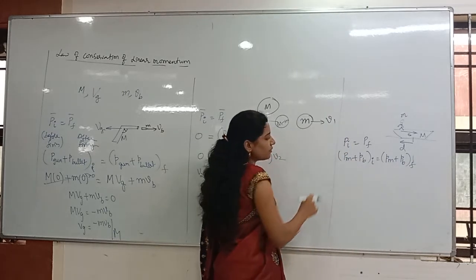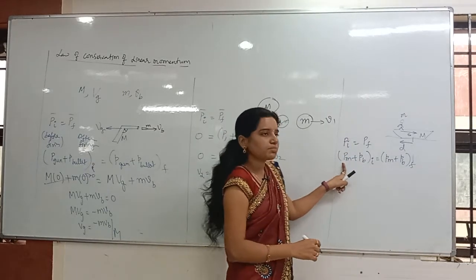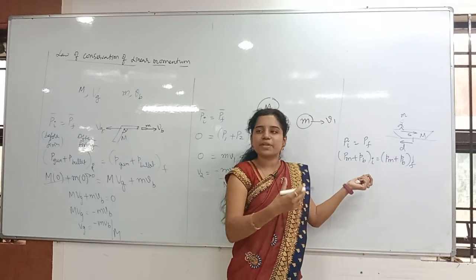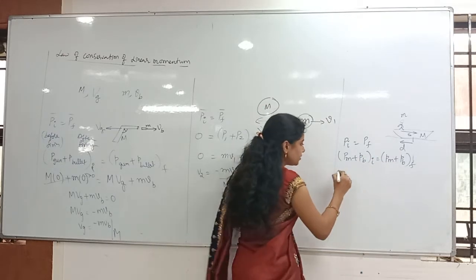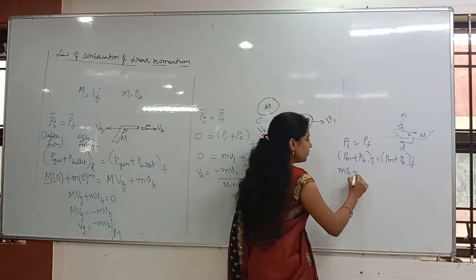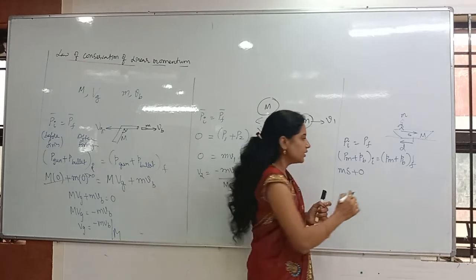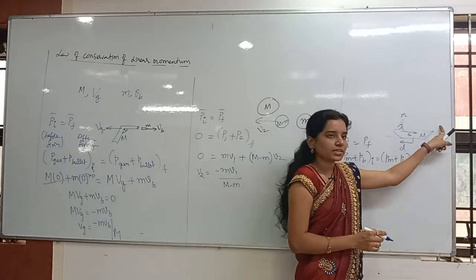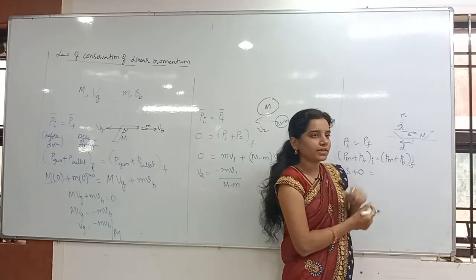The momentum of the man is mass into velocity, but instead of velocity I will take displacement momentum: mass into displacement of the man, which is S, plus, before, the boat is at rest. After that, whenever the man is moving in this direction, the boat is moving in the backward direction.